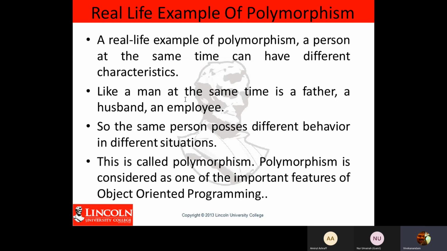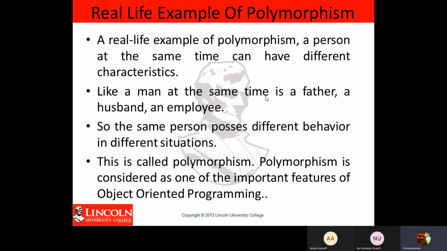Another person can have different characters: a man or a lady behaving like a teacher or lecturer in the classroom, a mother or daughter at home, a customer in the market. But the single person's behavior is different according to the situation. That is what we call polymorphism.